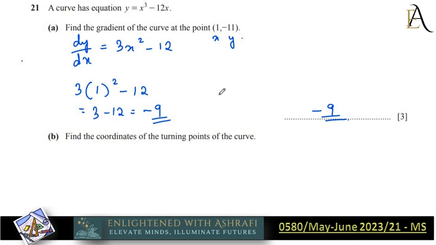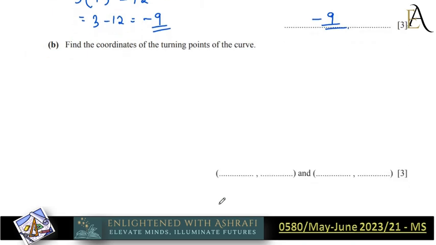Then find the coordinates of the turning points of the curve. Now to find the coordinates of the turning point, the gradient has to be 0. So dy upon dx, 3x squared minus 12, equals 0.